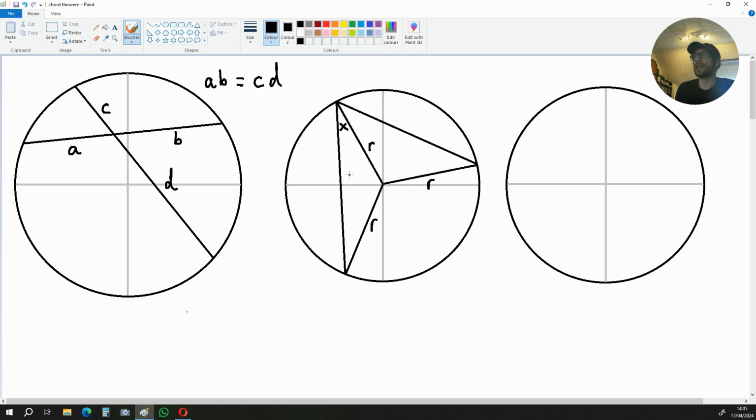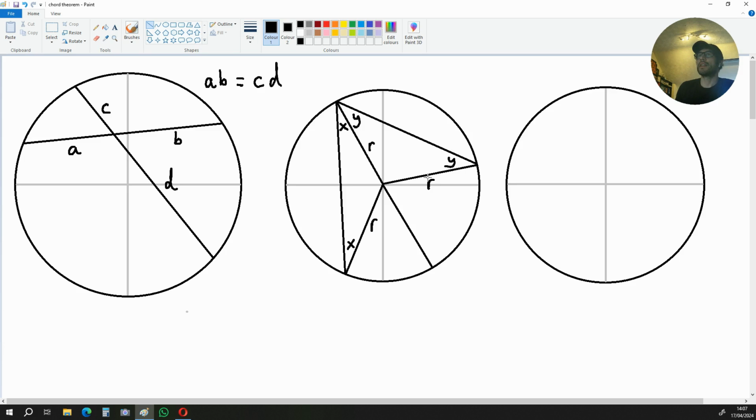If that angle is x, then this angle over here also has to be x. Let's call this angle here y, and if the angle over here is y, then this angle over here must also be equal to y. Now we're going to draw an extra line over here, and this entire line is actually going to be the diameter of this circle.